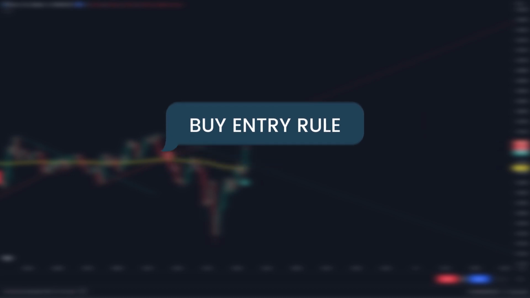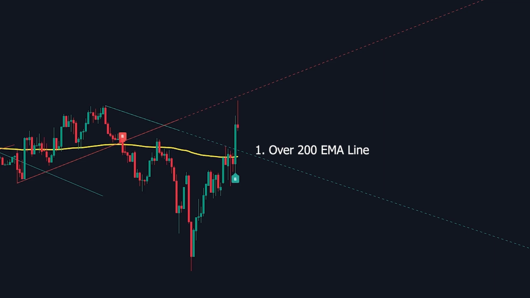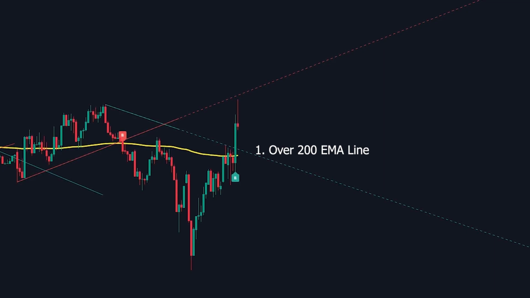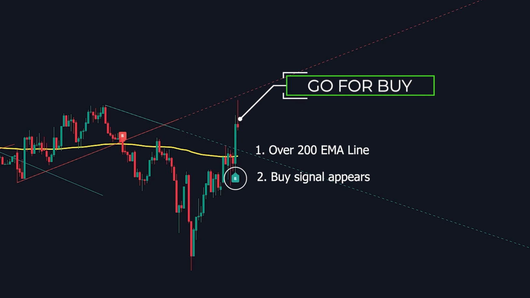Let's take a look at this example of a buy transaction on the chart. We observe that the price is positioned above the 200 EMA, indicating an uptrend. Furthermore, there is a bullish breakout, with the indicator generating a buy signal below the price. Based on this setup, you can consider entering a long position.